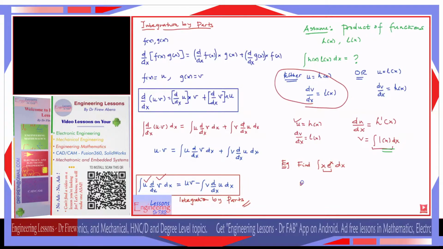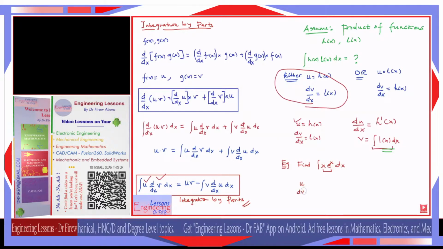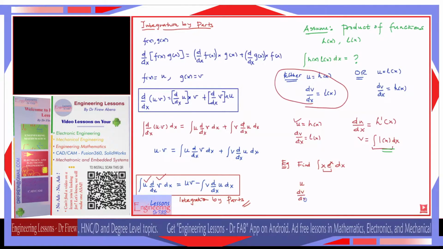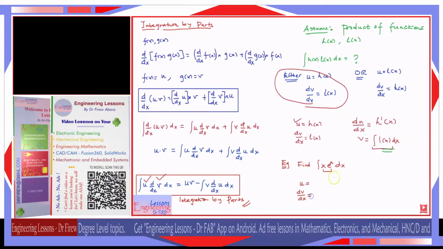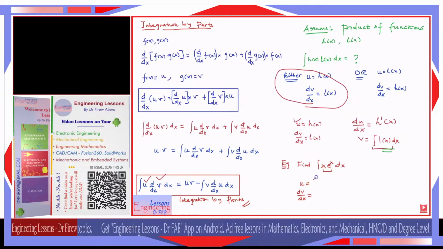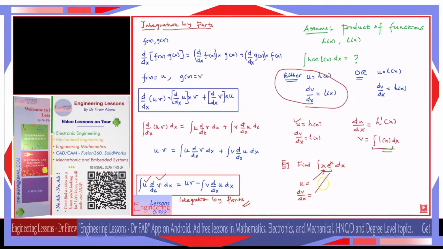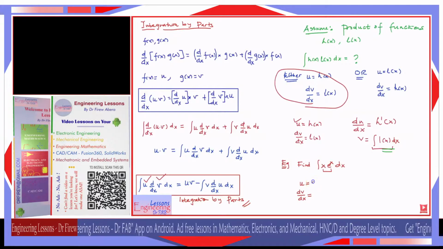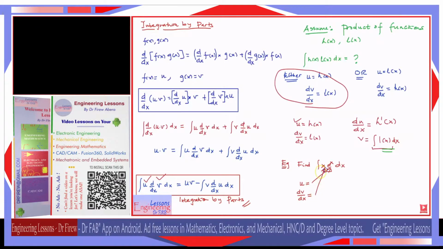So u and dv by dx. Okay, so what's u? What's dv by dx? It is always going to be one of these. One of these will be u, the other will be dv by dx.